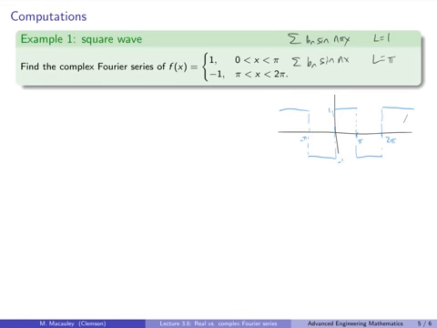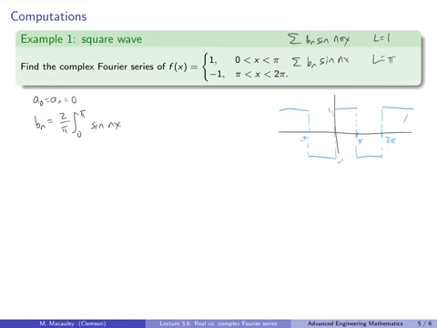Okay, so let's compute the real Fourier series. I know we've done it before, but just to emphasize how simple it really is. So this is an odd function, so a naught and an are 0, and bn, since it's odd, we integrate from 0 to pi. Let's take 2 over pi times the integral of f of x, which is 1 times sine of nx.